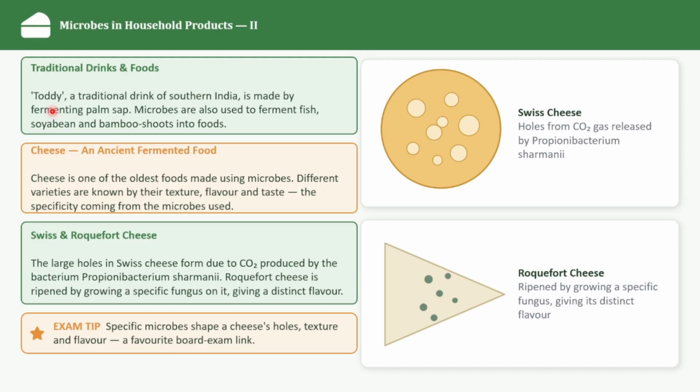Let's see the first one, toddy. Toddy is traditionally prepared by fermenting sap collected from palm trees. Microorganisms are also involved in preparing fermented foods from things such as fish, soybean and bamboo shoots.